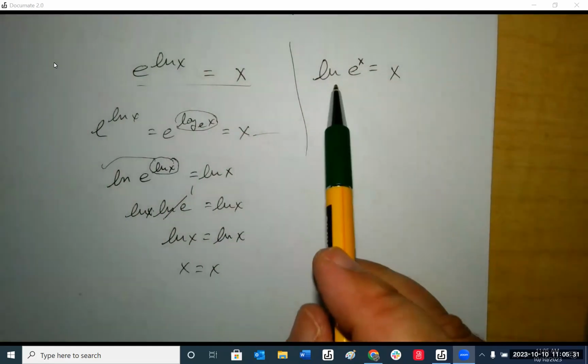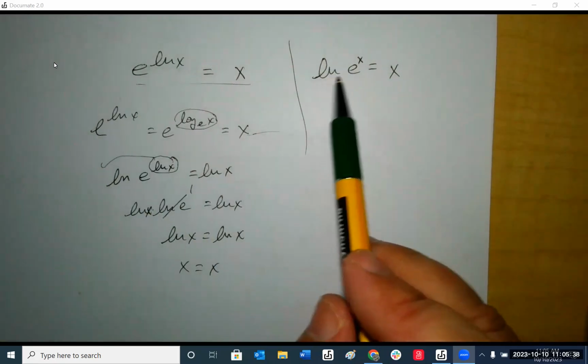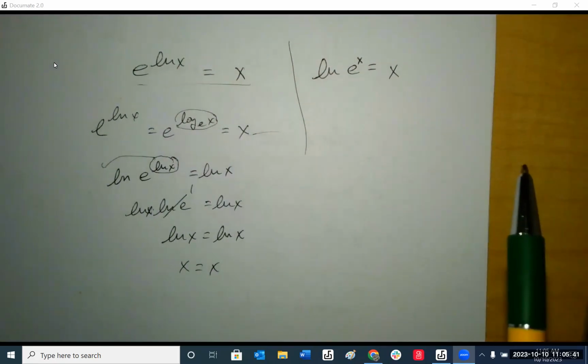Aren't these compound functions? A function within a function? Yeah.